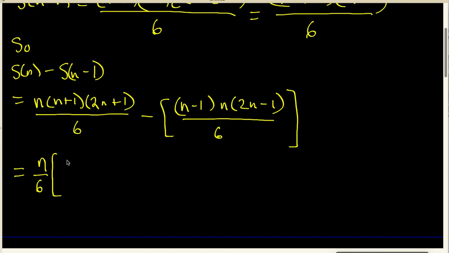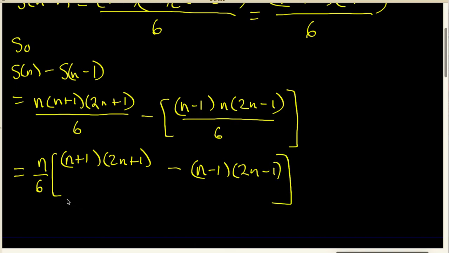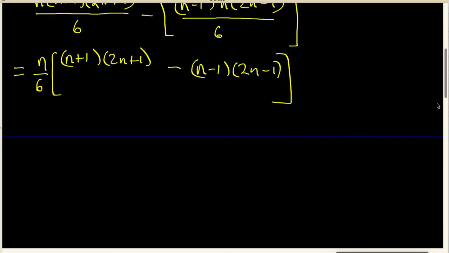So what's left in the first term is I've got an n plus 1 times a 2n plus 1. And what's left in the second term is I have an n minus 1 times a 2n minus 1. And I don't have a denominator because the denominator got factored out. Now I'm all set to do the multiplications.